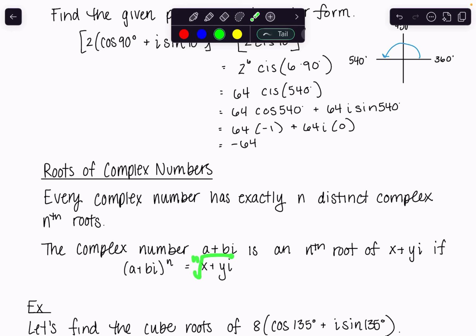We're taking the nth root of this side and we're landing on a. The distinction is here, when I take the fifth root of 32, it's 2. So that's the real root. However, if I take the fifth complex root of 32, there are going to be 5 different complex roots.